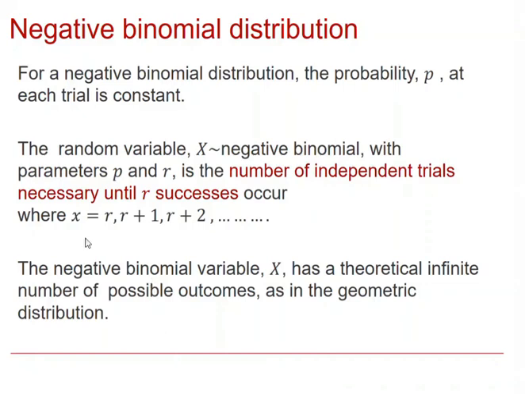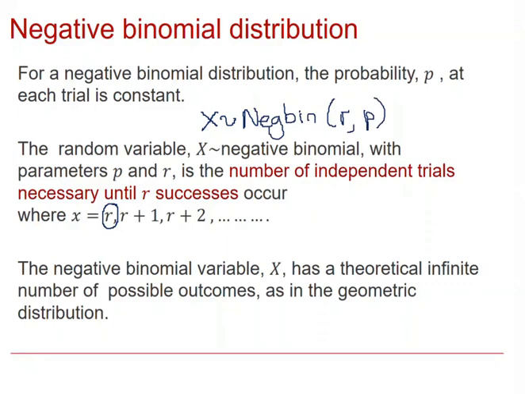And quite clearly we cannot have r successes until we've actually had r trials. And you may find in books that you can see this notation being used: X follows a negative binomial distribution with parameters r and p.